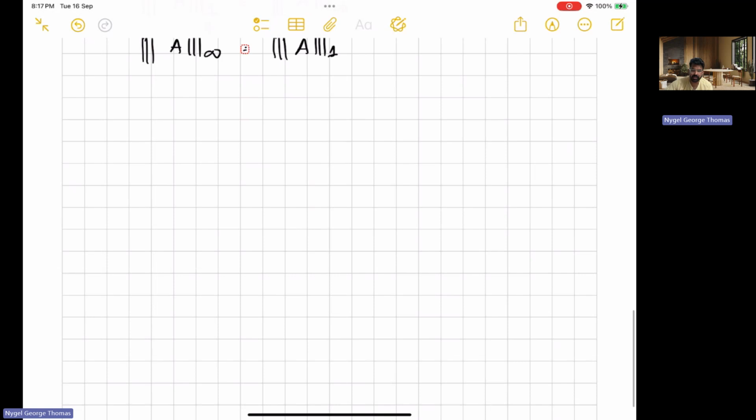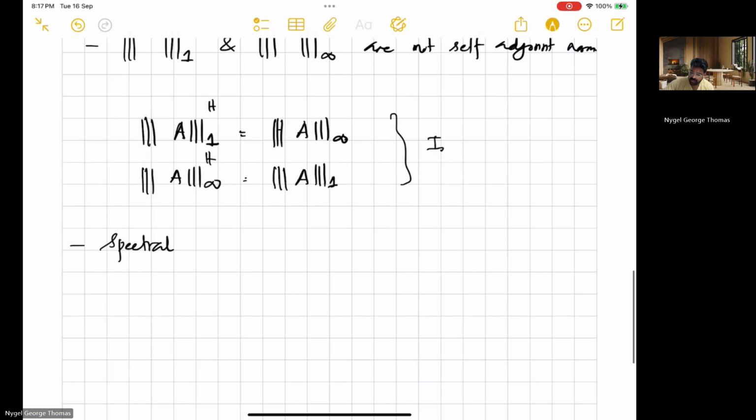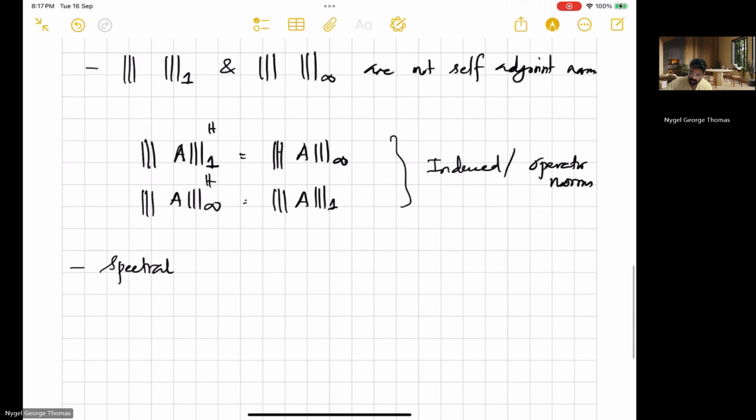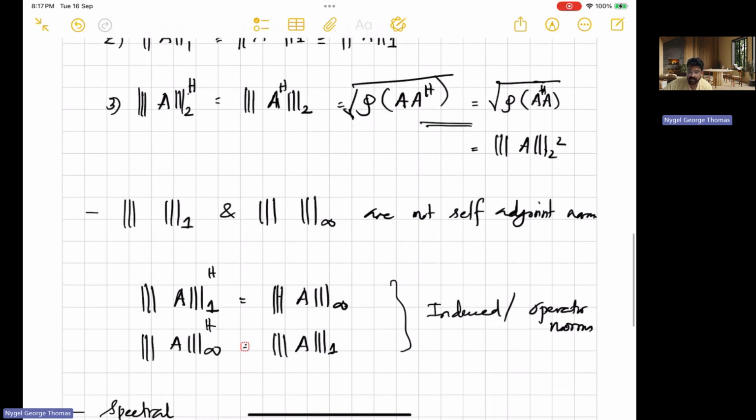Also, another important point to know: these are induced norms, right? These are induced or operator norms, derived from vector norms. This is again an induced norm, induced from the vector norm.